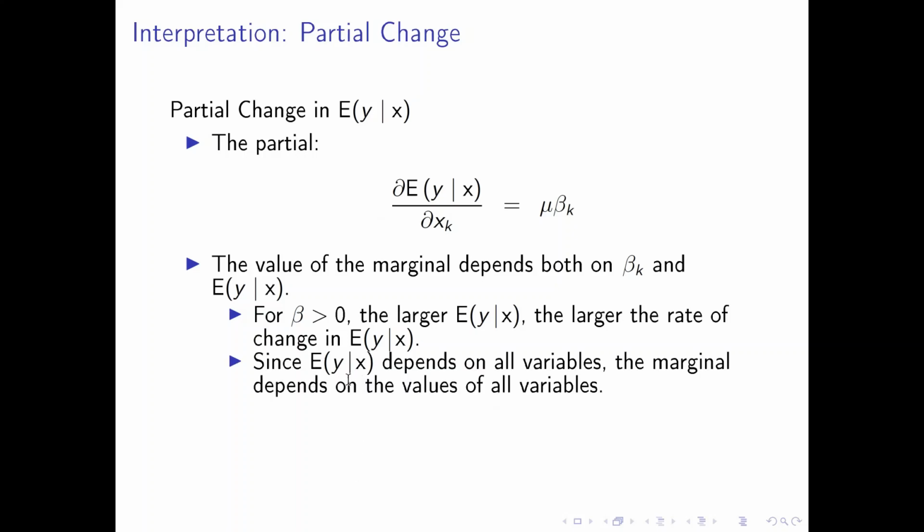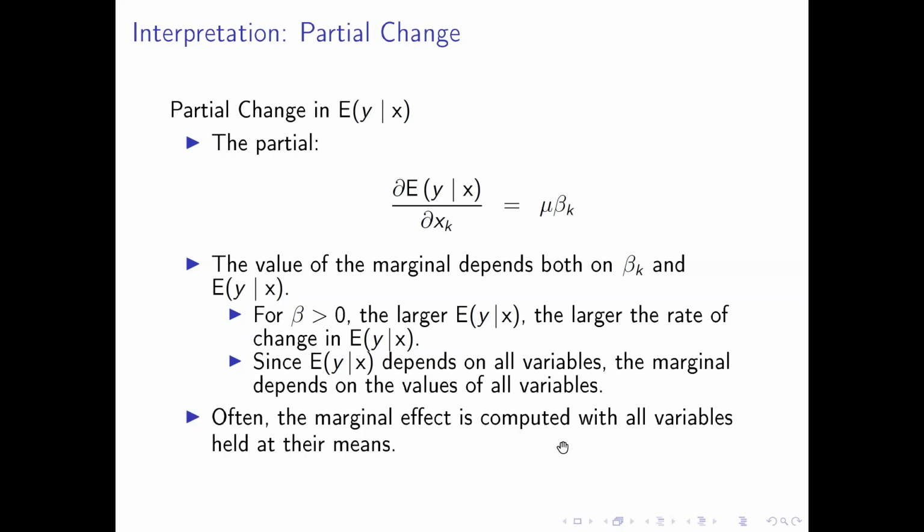Since the expected count, expectation mu, depends on all variables, the marginal depends on the values of all variables too. Often the marginal effect or partial change is computed with all variables held at their means, but not necessarily.